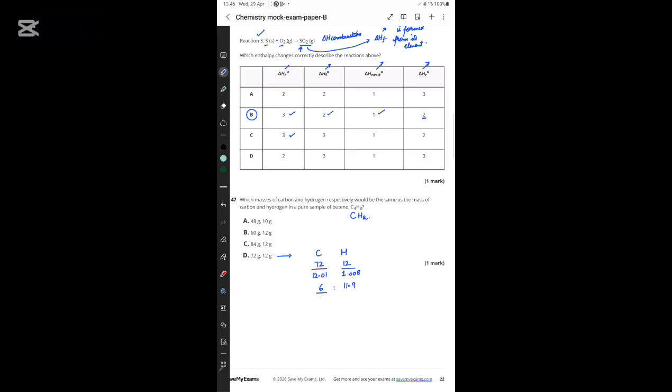So dividing with the least value, that is 6, so 1 ratio 2 comes. So answer is going to be D, because for this option we are getting the empirical formula, that is CH2, because carbon is in 1 and hydrogen is having the ratio of 2, which is the empirical formula of this compound.